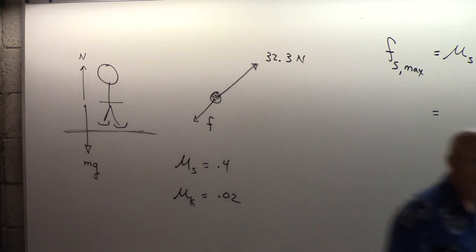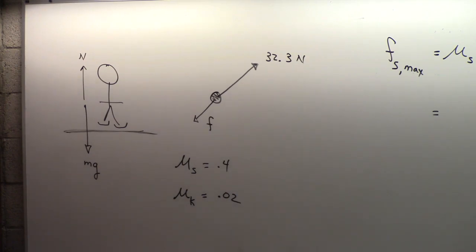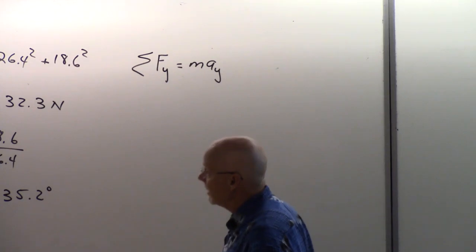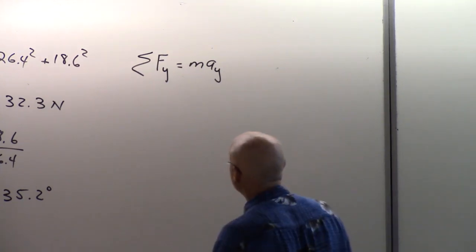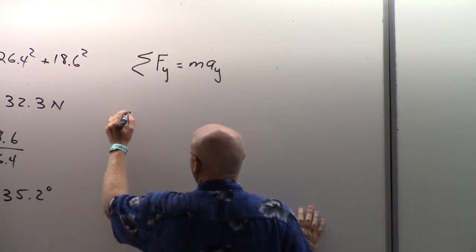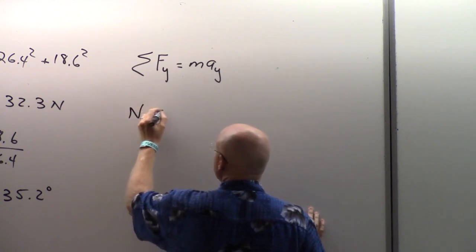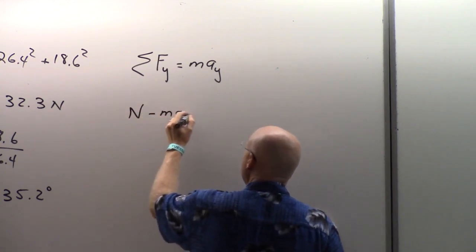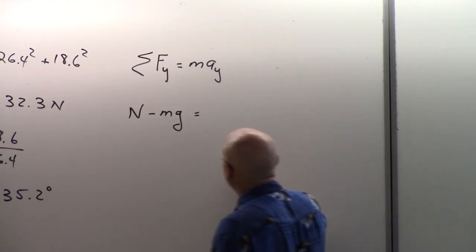Maybe I'll come over here and say, let me add up all the forces in the y direction and set it equal to mass times acceleration in the y direction. So I'll say normal force is up, her weight is down. Here's a fun one.